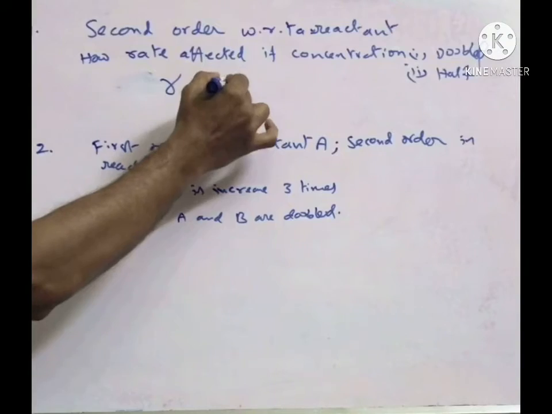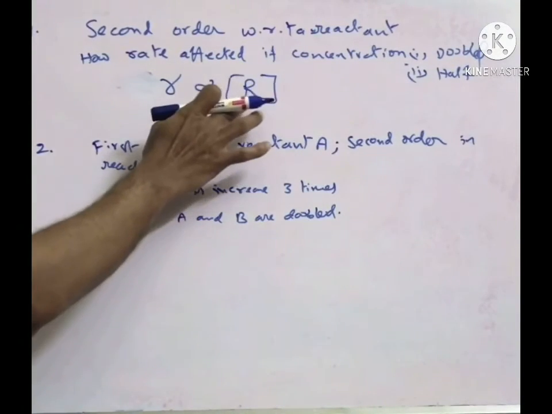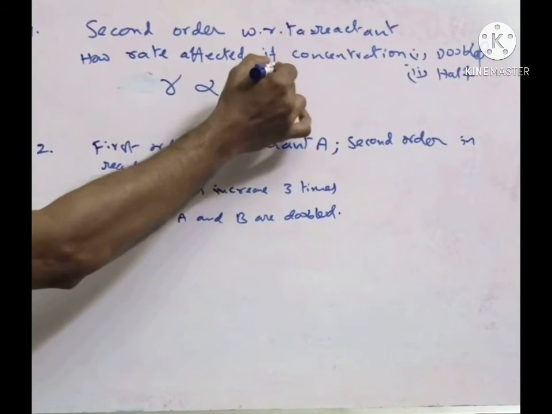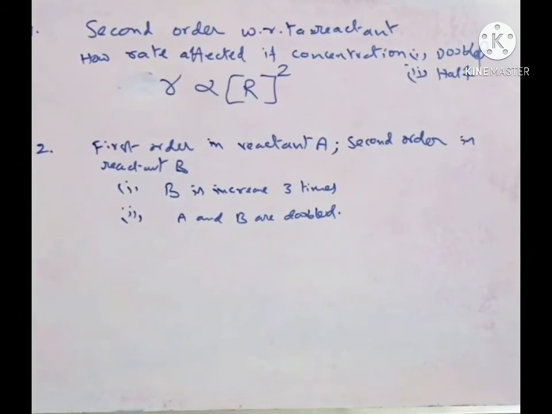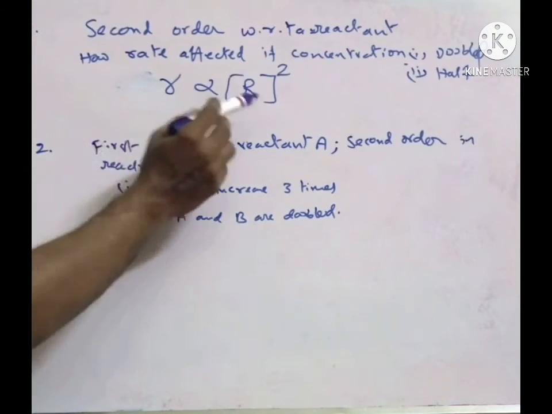For example, reactant concentration, capital R, if you consider. It is a second order, so it will be raised to the power 2. So this is the rate expression, R proportional to capital R power 2. This is the rate of the reaction.